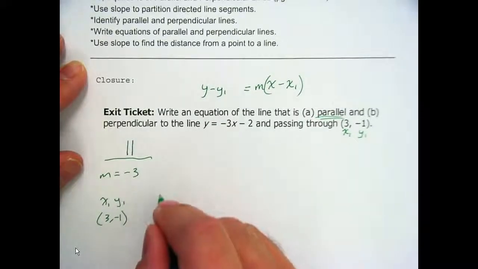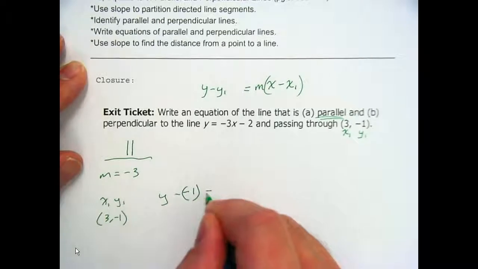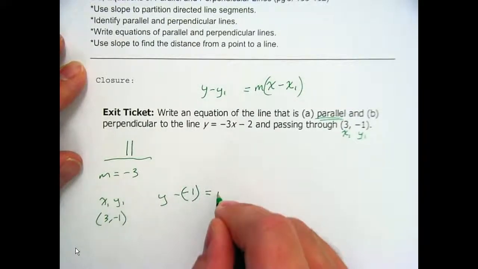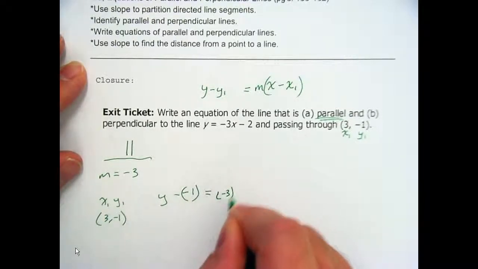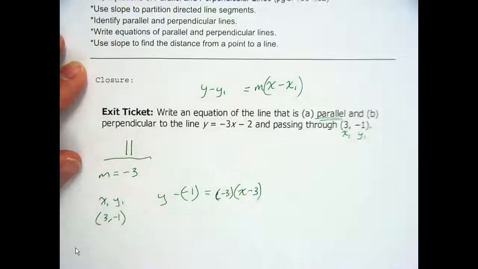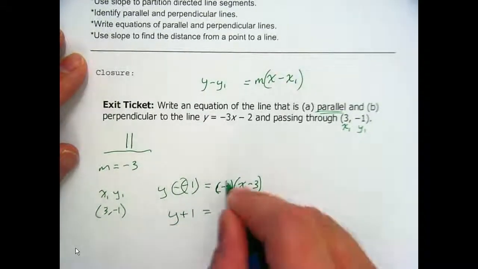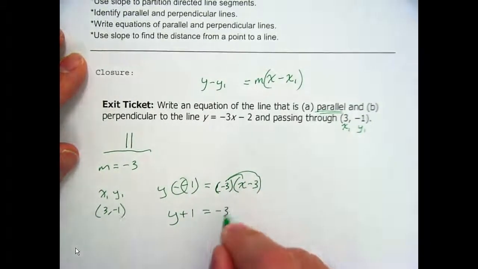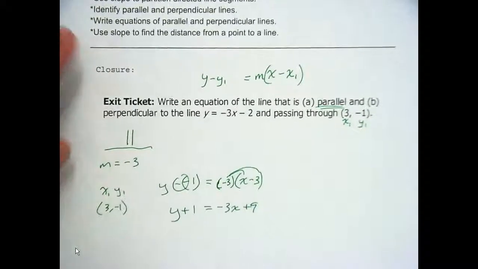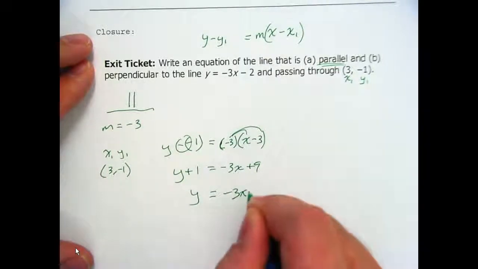So we get y minus negative 1 equals negative 3 times x minus 3. All right, so this becomes y plus 1 is equal to negative 3x plus 9, which gives me y equals negative 3x plus 8.